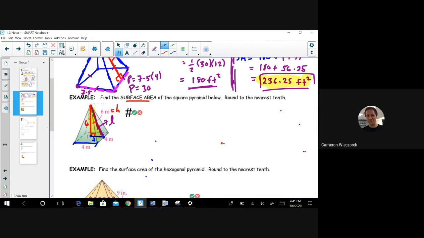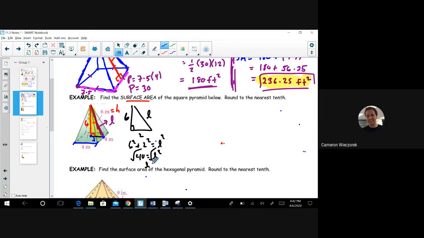There we go. There's 6, so I'm going to do 6 squared plus 2 squared equals L squared. I get 36 plus 4 is 40 equals L squared, square root both sides.